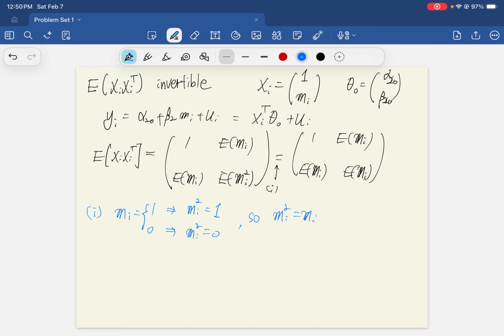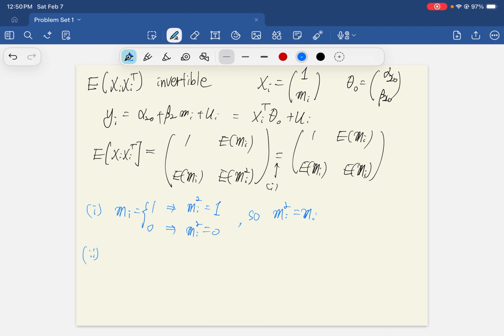Now I will simplify another thing. Let's say the probability of m_i equals 1 is p, the parameter for the probability. Then the expectation of m is p times 1 plus 1 minus p times 0, because m takes 1 with probability p and 0 with probability 1 minus p. So the expectation is always p.